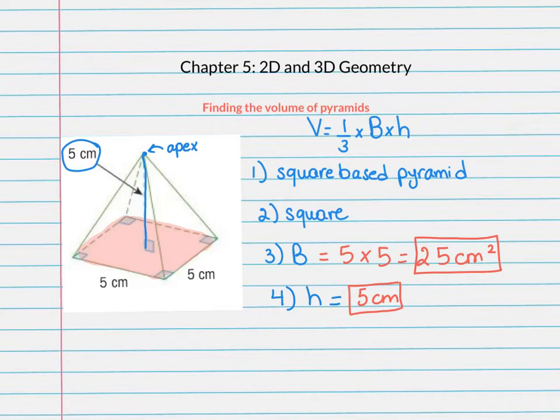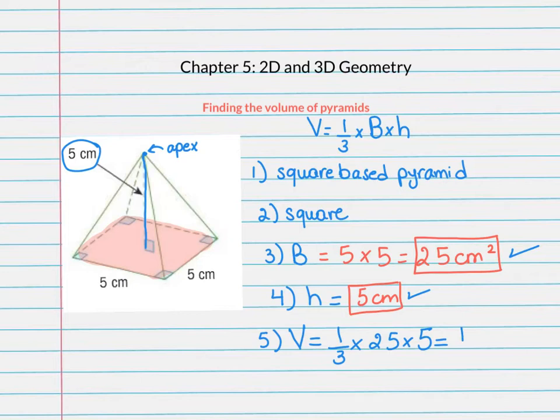This takes us now to step number 5, which is the volume. Here, we apply the rule that we already agreed on, which is 1/3 times b times h. So it's going to be 1/3 multiplied by 25 times the height, which is 5.